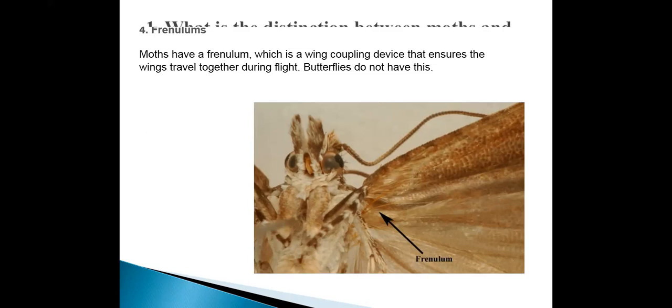So when they are moving, both wings should travel together, and to keep that intact, this structure is found only in moths. We can see the frenulum, which I have marked over here.